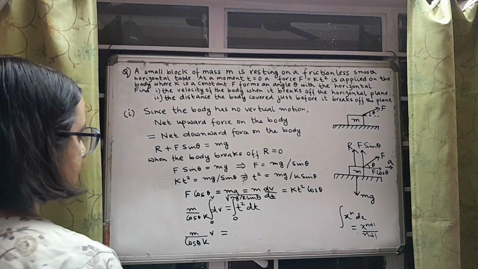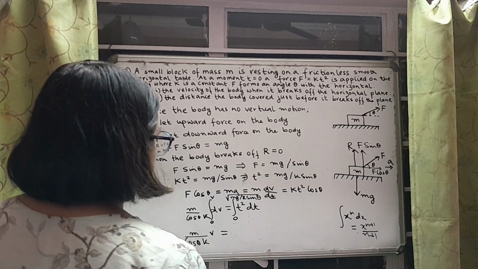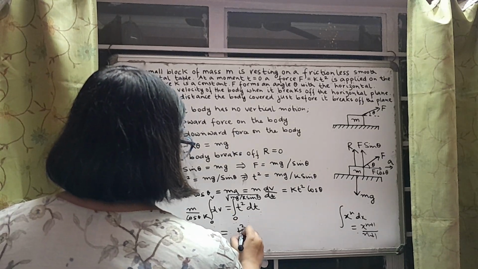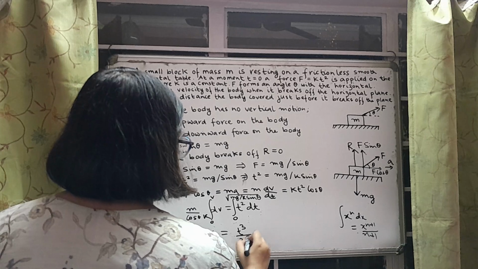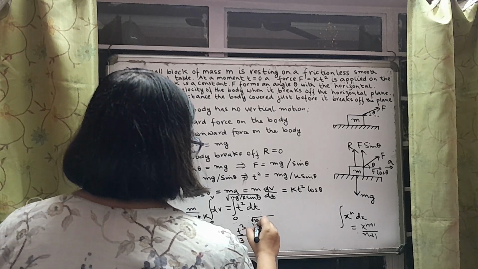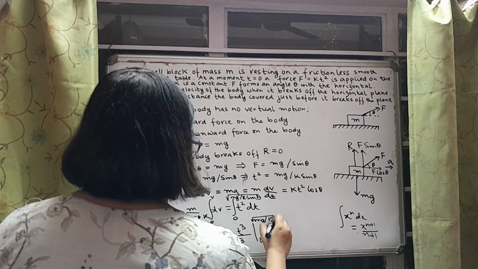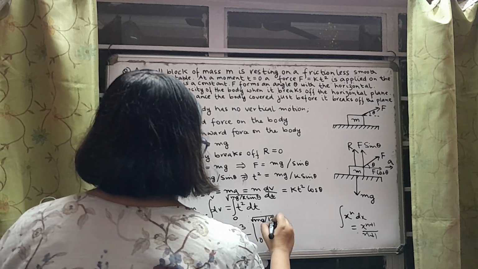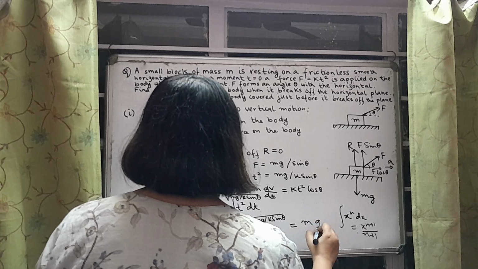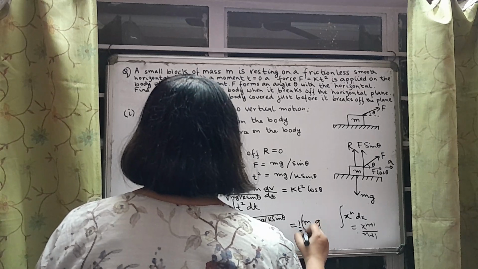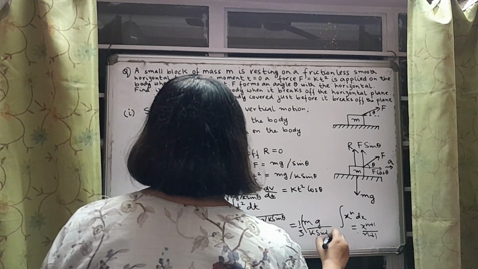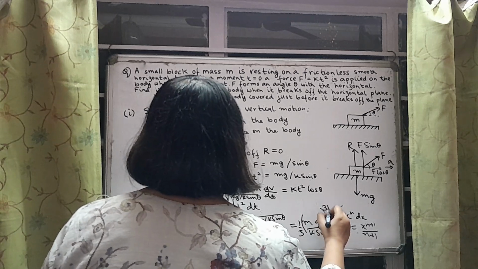So if I take this, this will become t cube by 3 in the limit 0 to root over mg by k sine theta. So this will become 1 by 3 outside, mg by k sine theta to the power 3 by 2.